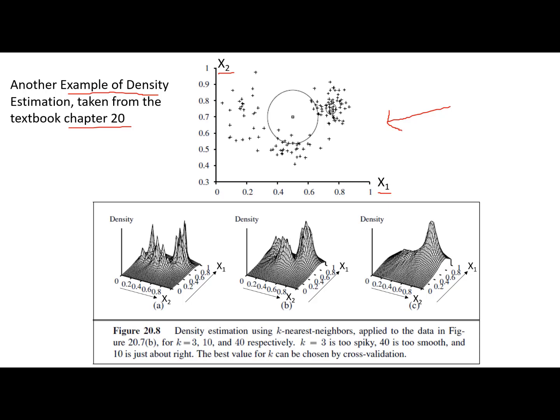You can easily identify regions of high density. Here we'd have very few data points, so a region of low density to be precise. And if you select locations for the density estimation somewhere around here, then the density will be large or high.